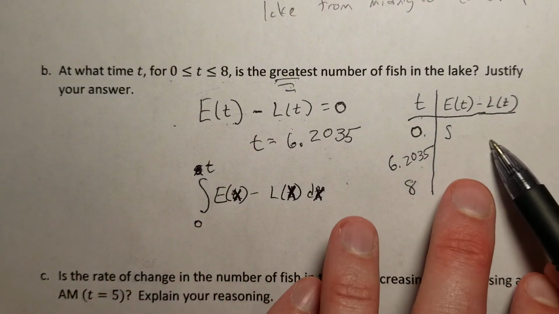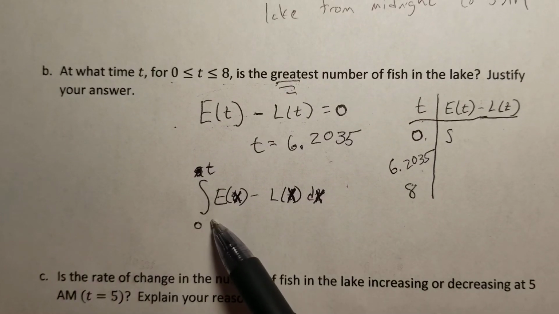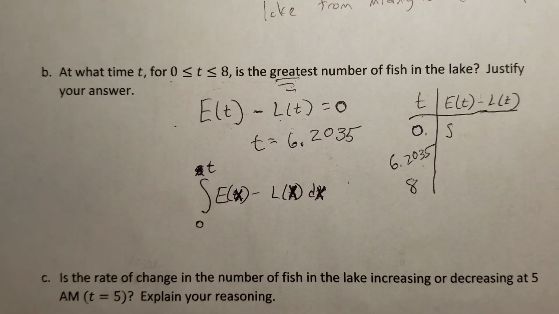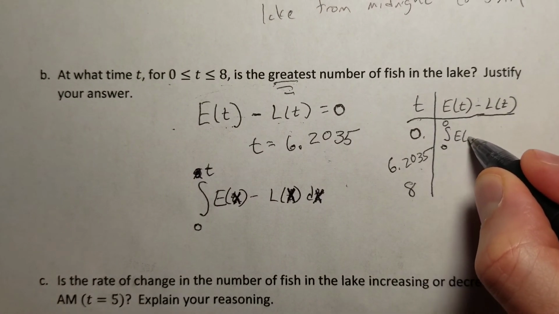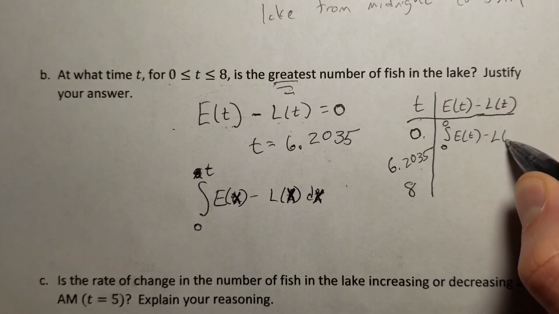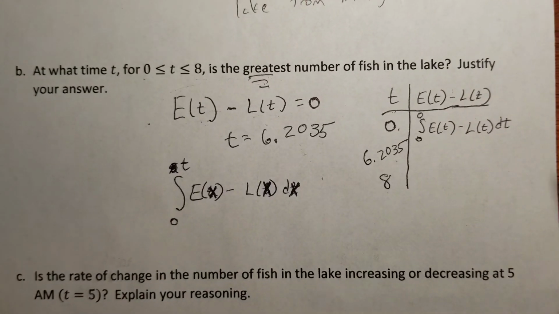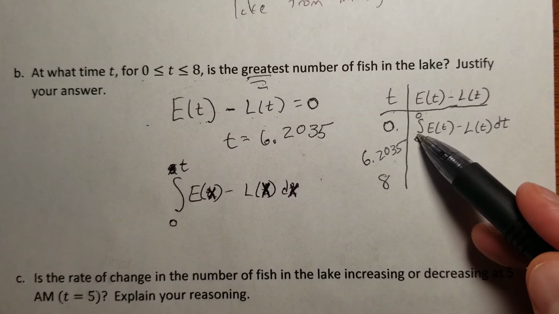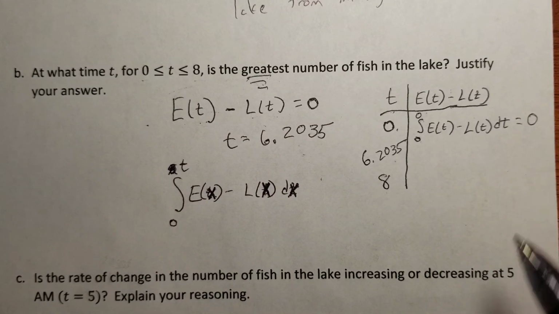So to find the outputs of this, I'm taking my rate equations and I'm integrating them and getting them back to the original function level. So I'm going to go from 0 to 0 of E of t minus L of t dt. And no calculator needed. The integral from 0 to 0 is going to be 0.